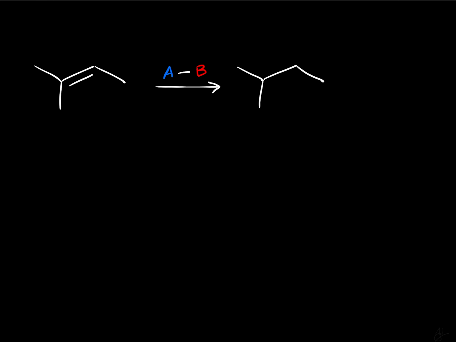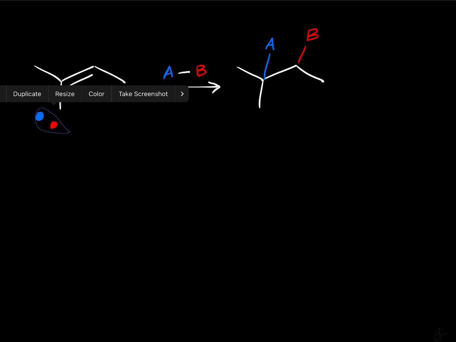So I could add A off the place of one of the carbons of my double bond, and then I can add maybe B off the place of another one of the carbons of my double bond.